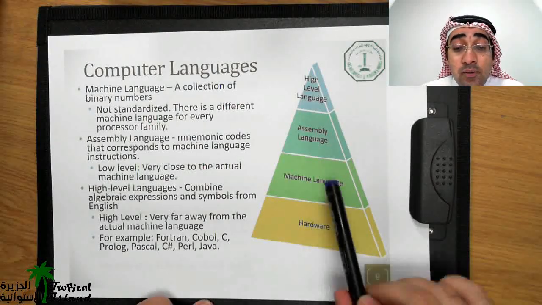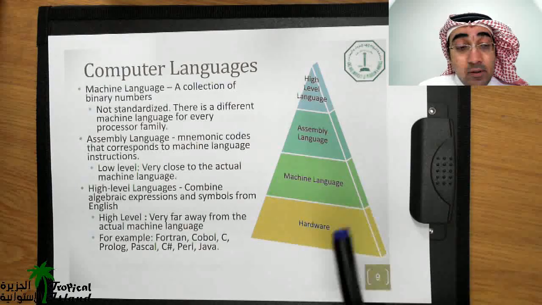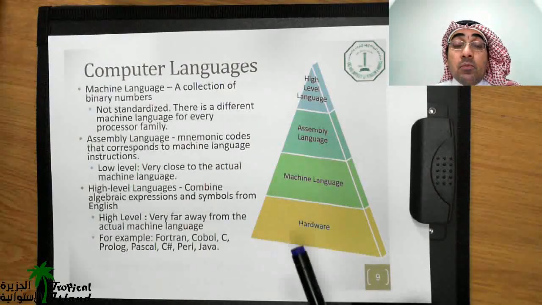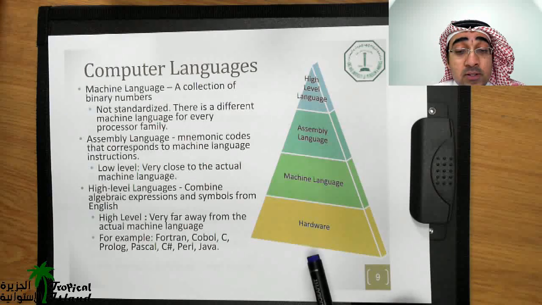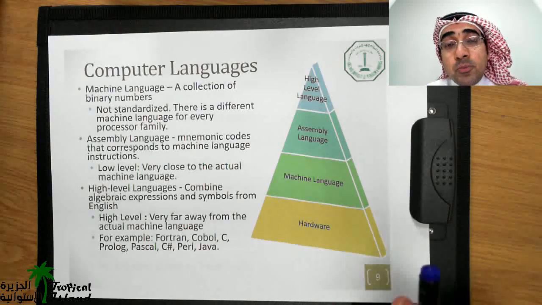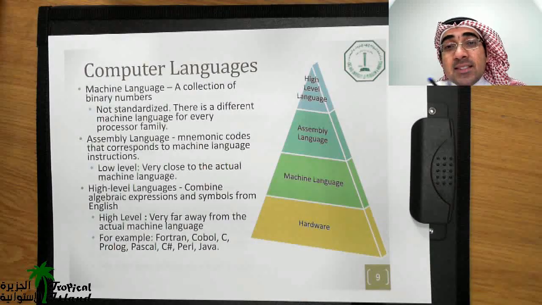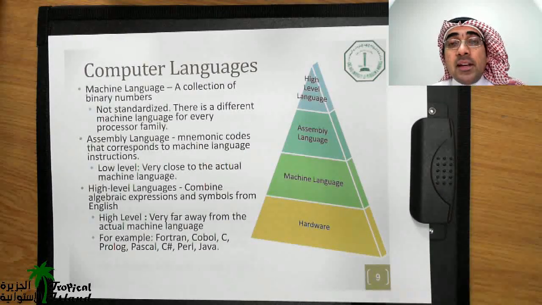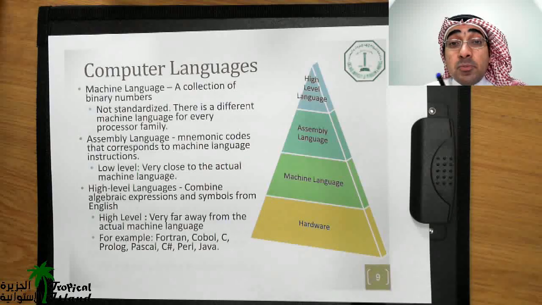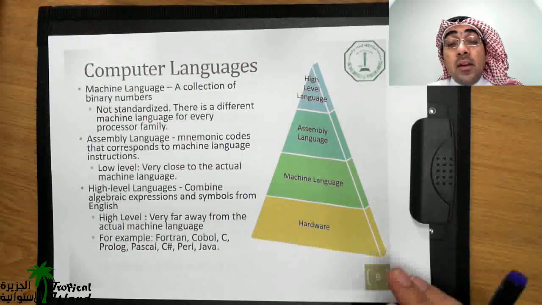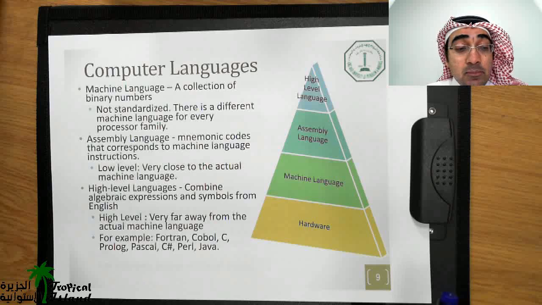Okay? So the next level of language is assembly language. An assembly language is very close to machine language, but instead of all zeros and ones, they added some English words in it, like add and subtract, and they have special words that you can actually use in assembly language.